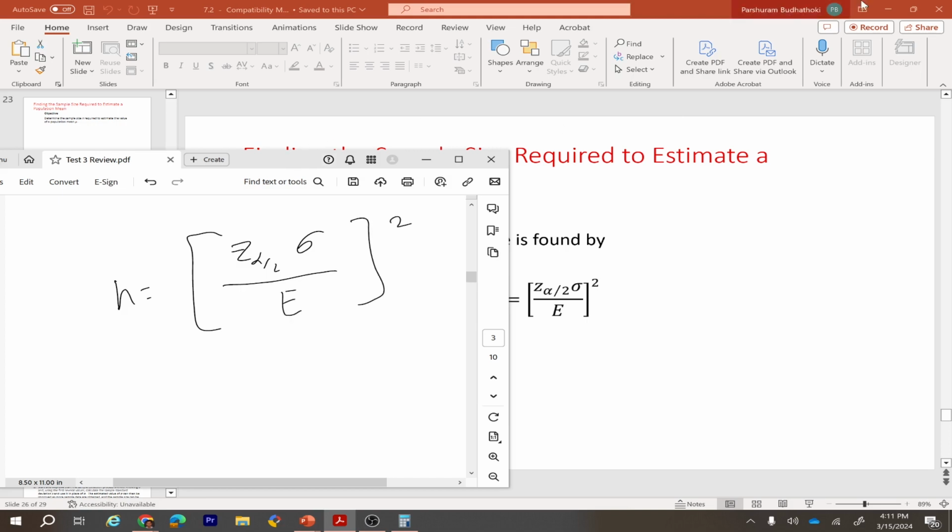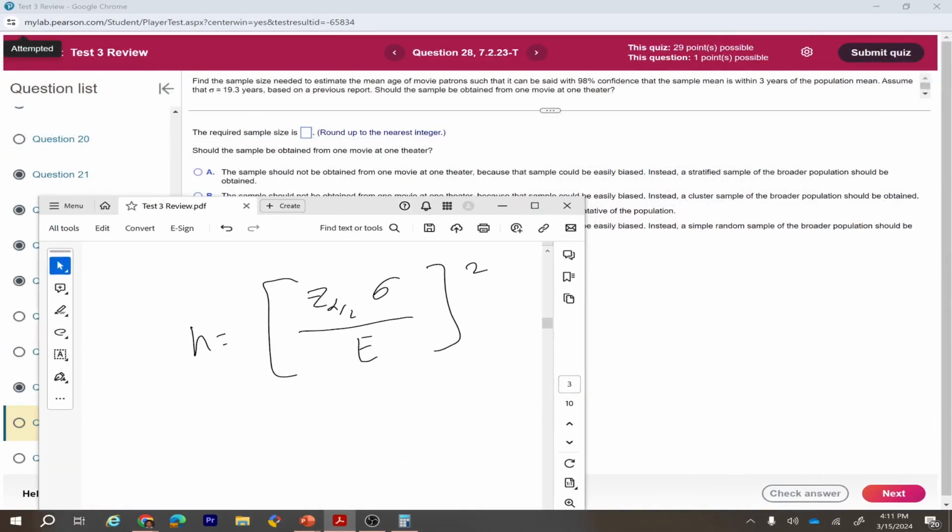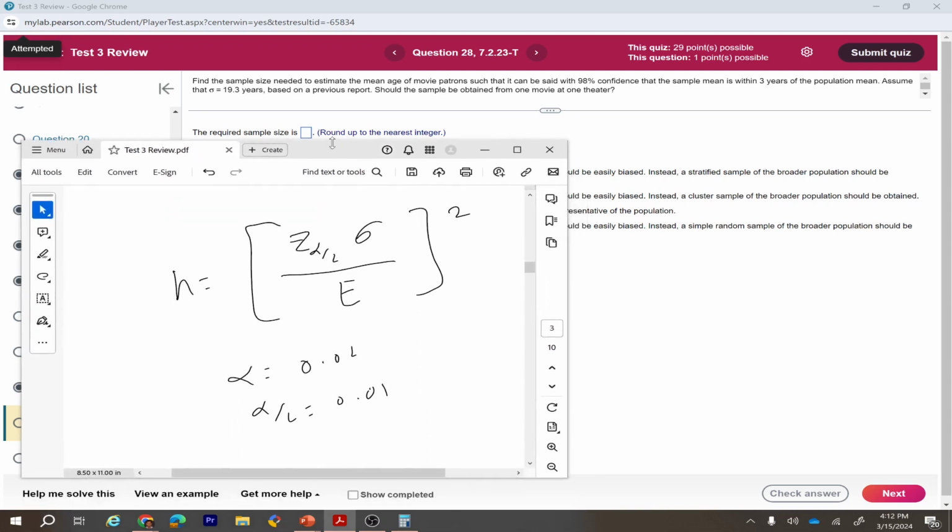That's the sample size. So what's the question here? Find the sample size needed to estimate the mean age of movie patrons such that it can be said with 98% confidence that the sample mean is within 3 years of the population mean. Remember, alpha is 2%, so alpha over 2 is 1%. For that, you have to find the z-score.